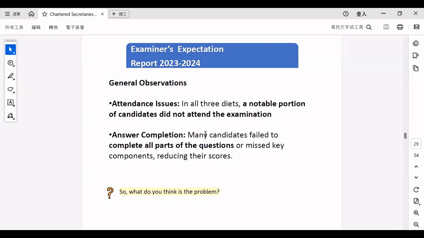Just to be frank, if you have 25 marks and you don't know the answer to half of the question, then your chance of passing that question will be absolutely low.